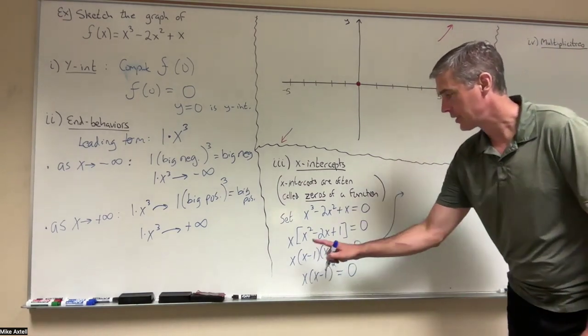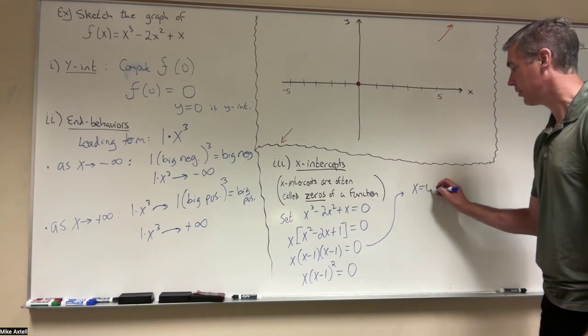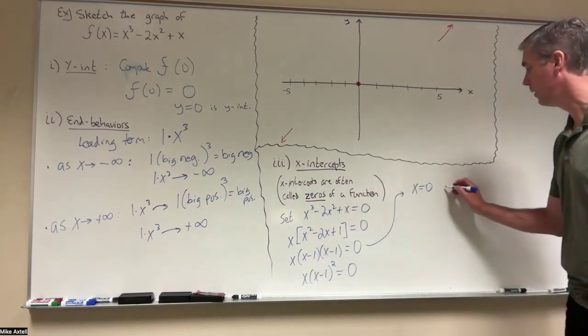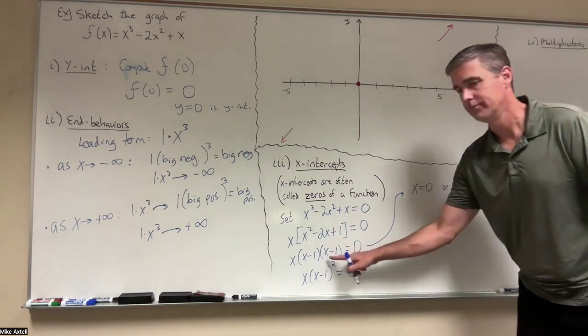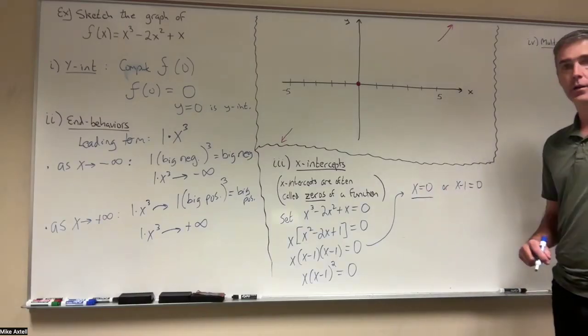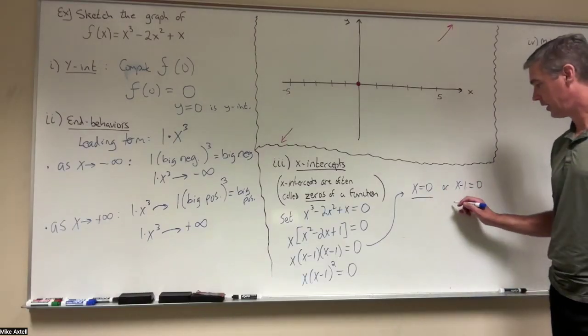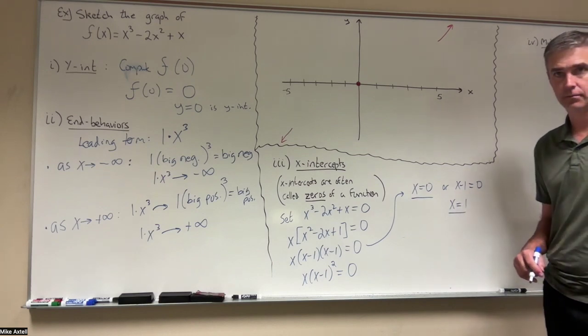The only way x times x minus 1 times x minus 1 can equal 0 is if the first term, x, is 0, or the x minus 1 is 0. So there's one solution. And if I solve this one, I also get x equals 1 as an x-intercept.